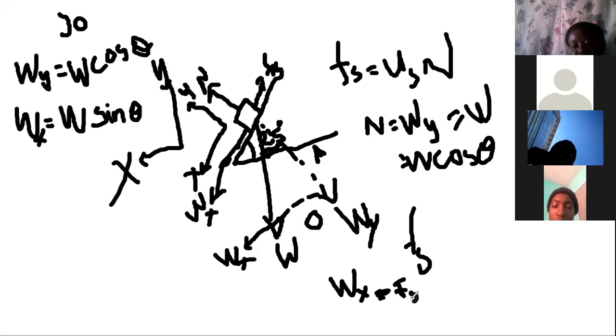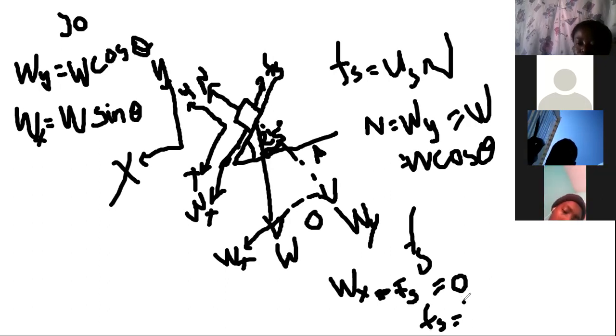And remember, this is static, it's not moving, so it's equal to 0. Since it's not moving, there is no acceleration, which means your static friction is going to be equal to the weight in x.